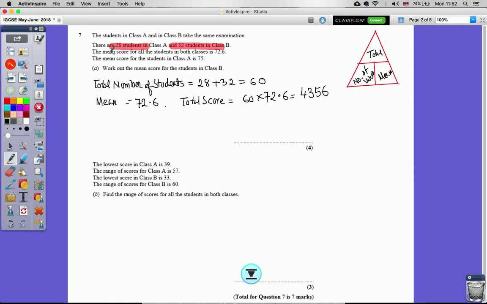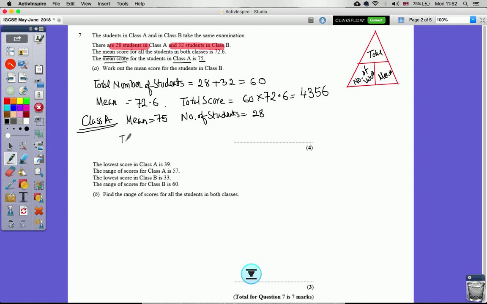And the mean score of the students in class A is 75. So let's see, in class A there are 28 students. So for class A, mean is 75, number of students is 28.